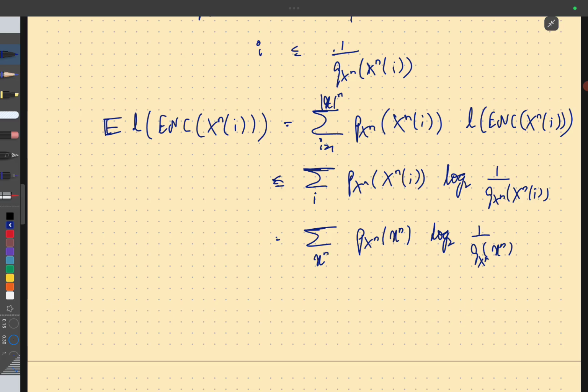Again, keep in mind this is only an upper bound, but still it's a good representative of what the expected length is going to be. It's going to be very close to this.